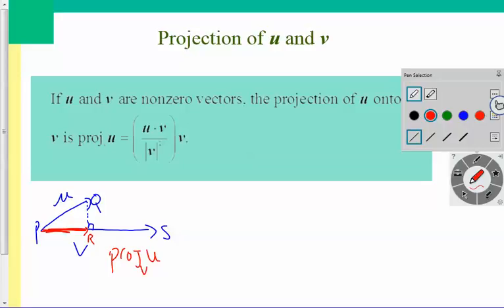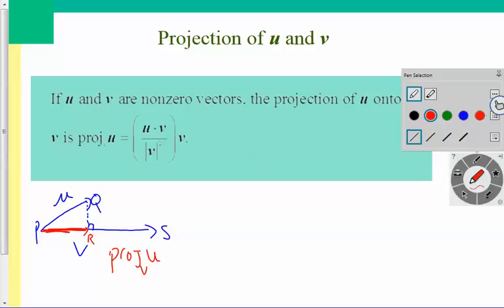That's how you write it. Projection of u onto v means the first part, u, is the vector you're dropping the perpendicular from, and v is the one that receives the perpendicular, if you will.